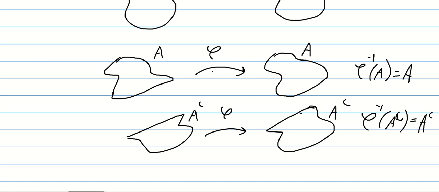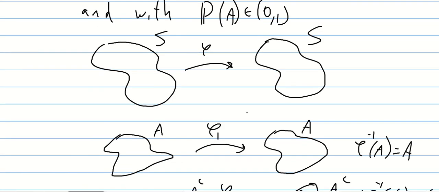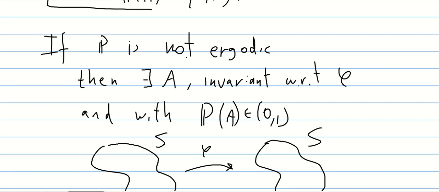So that means that this, so to say, dynamical system phi can be decomposed into simpler systems that don't interact with each other. You can always think like this is phi 1 and this is phi 2. So if something is not ergodic, you can split your space into two components that don't interact with each other. So that means you started studying a system that is not as simple as it could be.